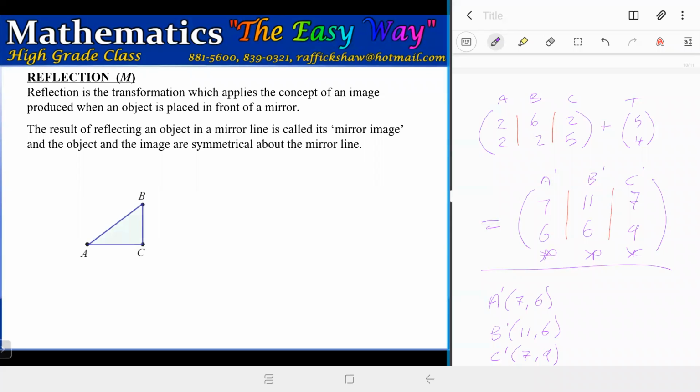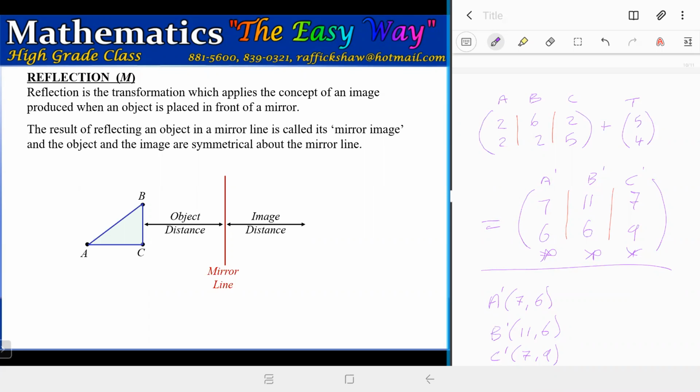So look at this example now. Of the triangle ABC, I'm going to place a mirror line like that. You know that the image is going to be the same distance on the other side of the mirror line, and it's going to be oriented in the opposite direction. So A is the furthest distance from the mirror line, so the image of A is going to be the furthest distance on the other side.